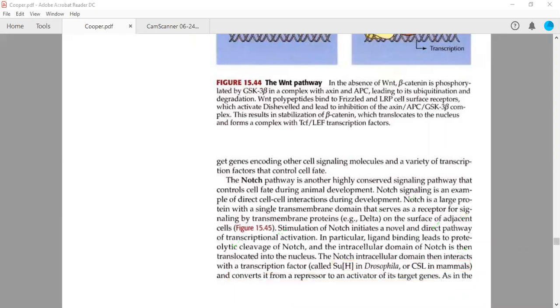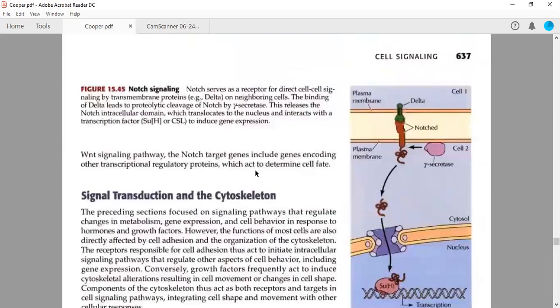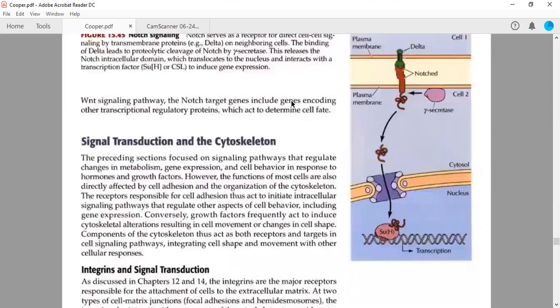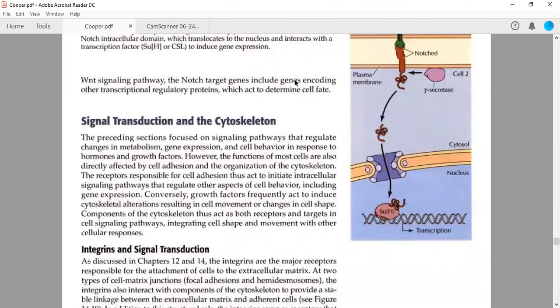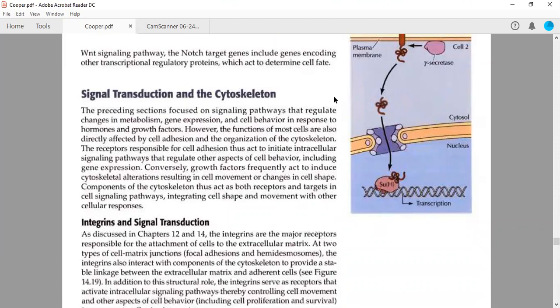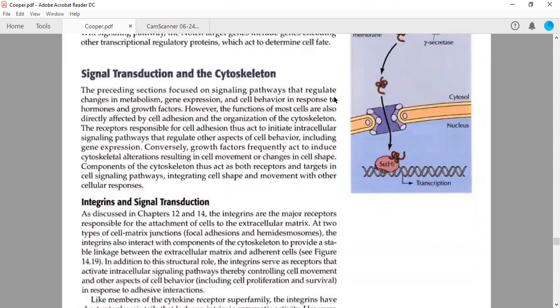Okay, fine. So Notch target genes include the genes encoding other transcription regulatory proteins, which act to determine the cell fate. As a result, these cell fates will be decided. Okay, so these are major kinds of signaling pathways inside our cells.